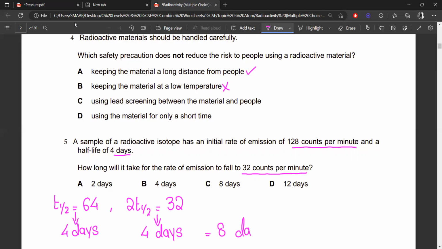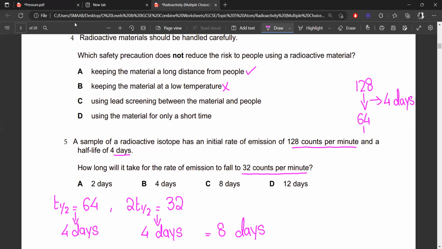Sir, I didn't understand the 4 days part. Okay, so let's suppose we start from 128. Initially we start from 128, and half-life means that after 4 days it will reduce to half of the original value, right? Okay, so after 4 days we are getting the value 64.